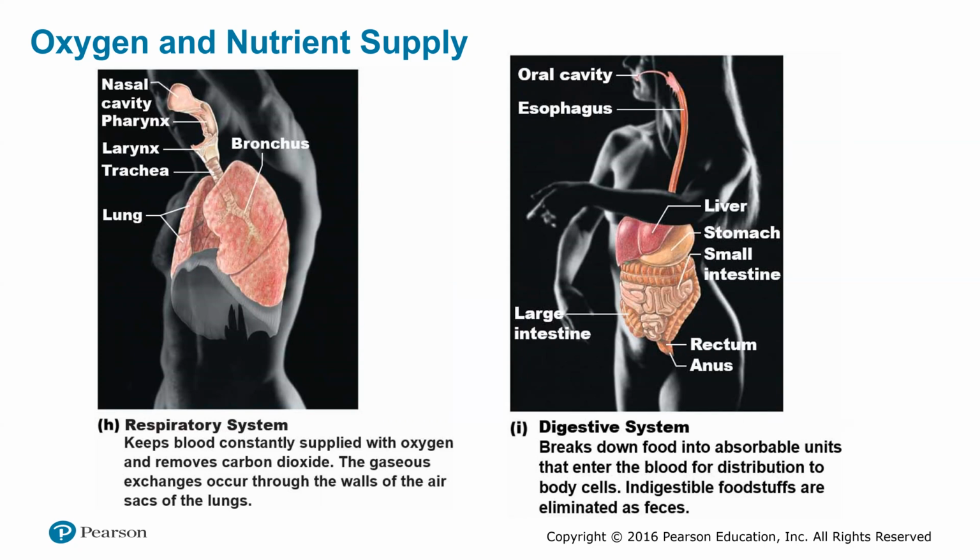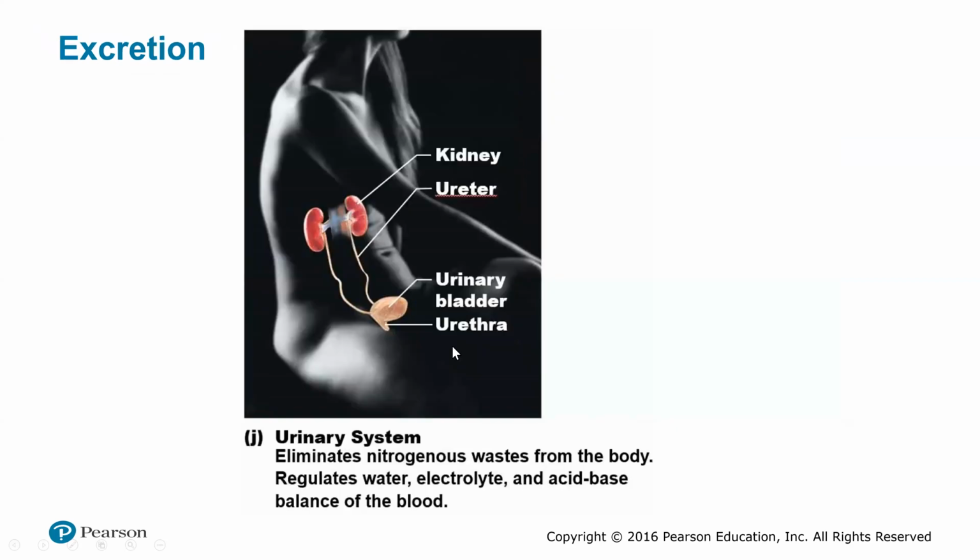The digestive system breaks down food into absorbable units that enter the blood for distribution to body cells. Indigestible foodstuffs are eliminated as feces. Urinary system, major organs: kidneys, ureters, urinary bladder, urethra. It eliminates nitrogenous waste from the body and regulates water, electrolyte, and acid-base balance of the blood.